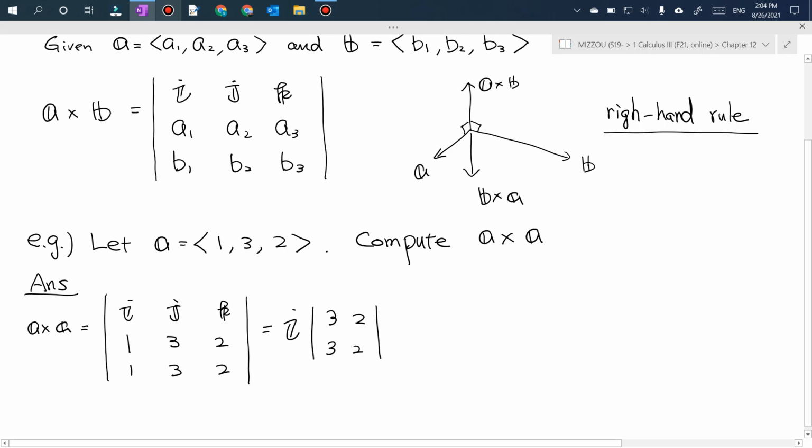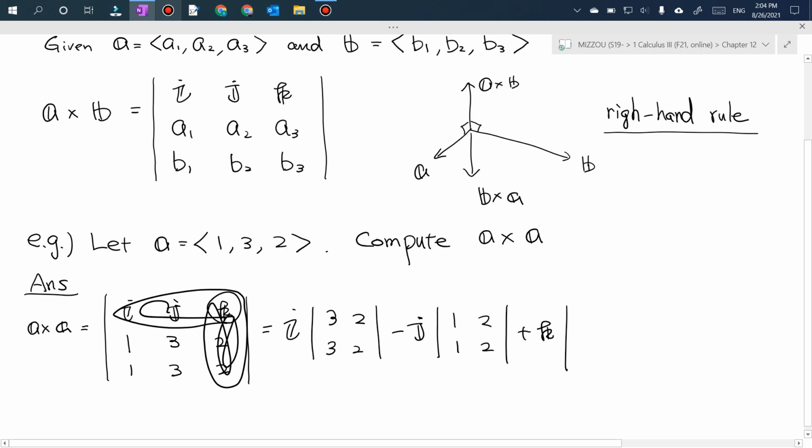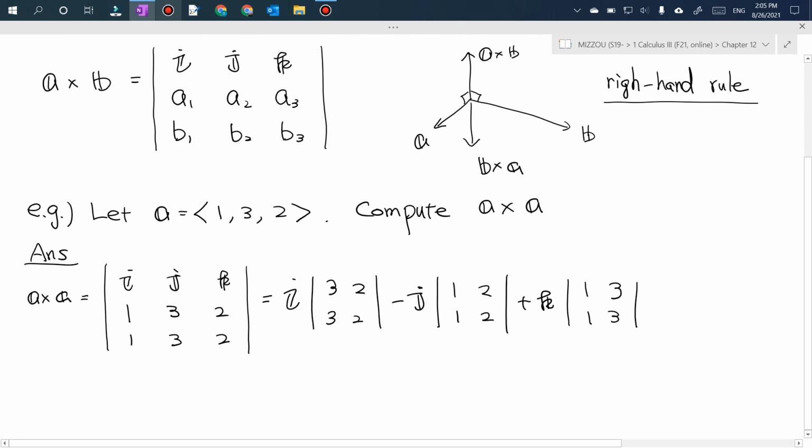Similarly, the next term is negative j, hide those, and I get 1, 2, 1, 2. And finally, plus k, hide those, and what you're left with is 1, 3, 1, 3. The important thing is that the middle term gets a negative sign, so signs alternate: plus, minus, plus.